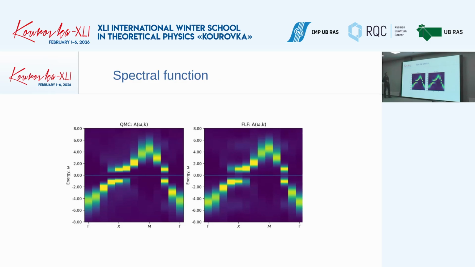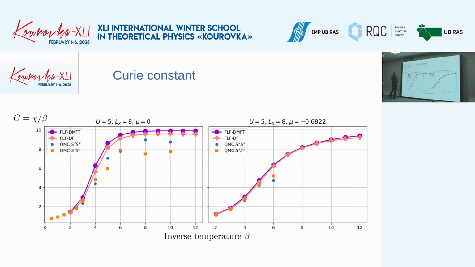Compared to the QMC, it's almost the same. Well, this is very interesting. This is Curie constant, so antiferromagnetic susceptibility times temperature. What we see here, for low temperature, as I told you, you have seen this graph, with QMC, with DMFT wrongly predicting a phase transition.